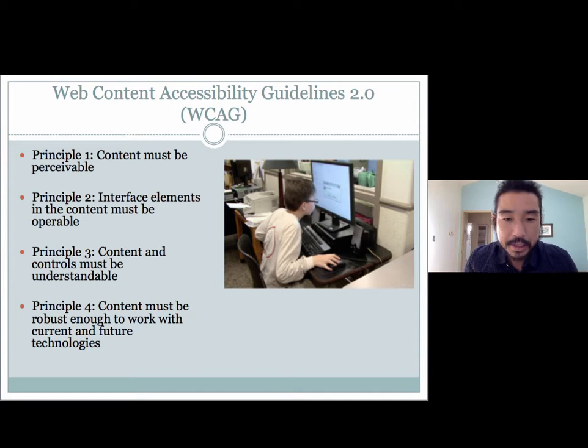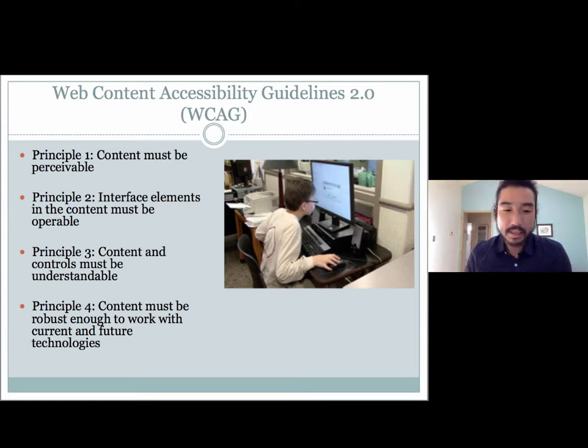All right, principle number two, interface elements in the content must be operable. This really talks about keyboard functionality, for example, keyboard-only function. A lot of blind users use tab browsing or keyboard browsing, and so you're able to navigate on the site without a mouse. That's an example of the content being operable.